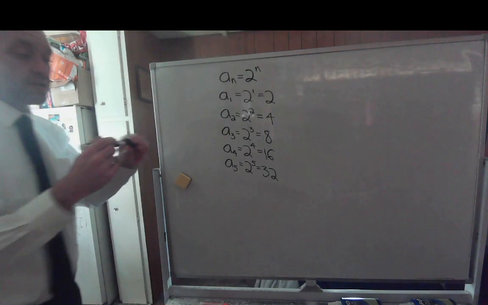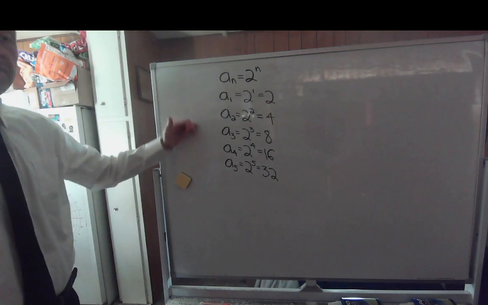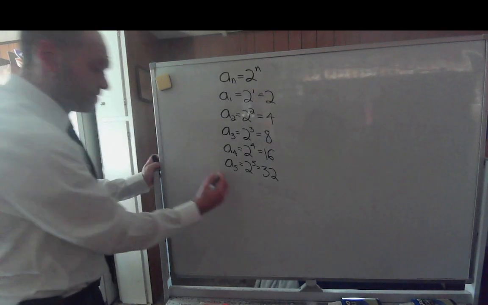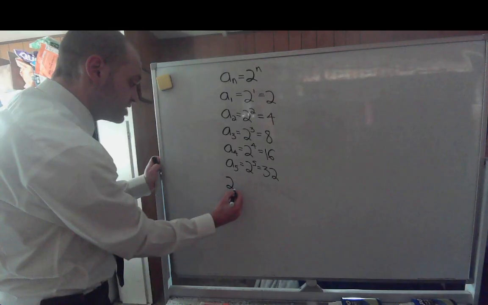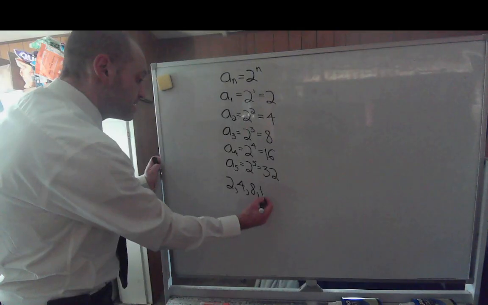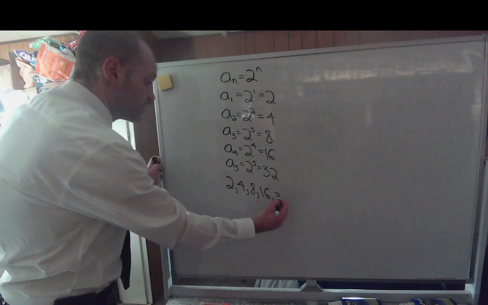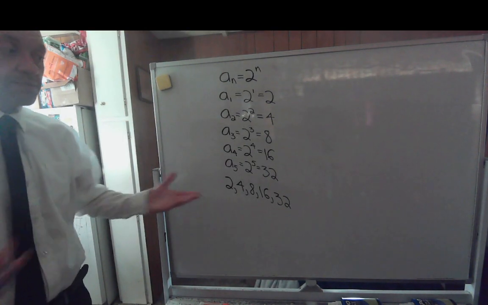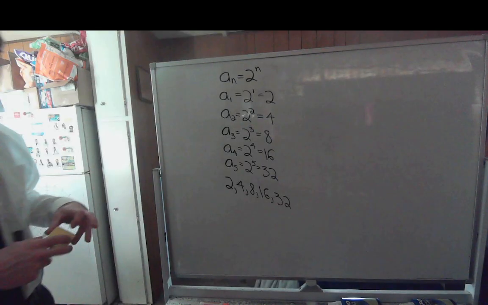So again, this sequence can go on infinitely in theory and never stop. But the first 5 terms of the sequence are going to be 2, 4, 8, 16, and 32. And if we wanted to go on to find the sixth term, it would be 2 to the sixth power, which would be 64.